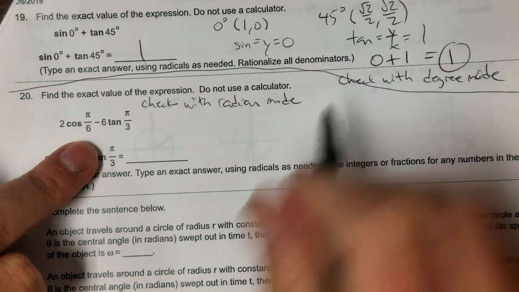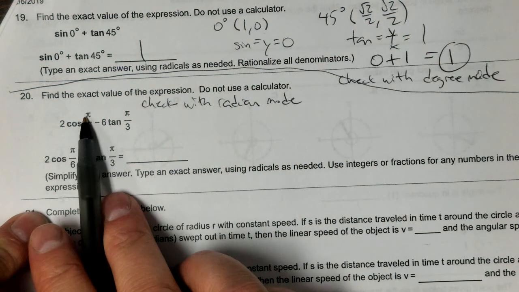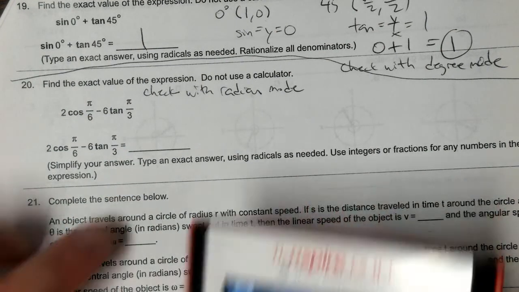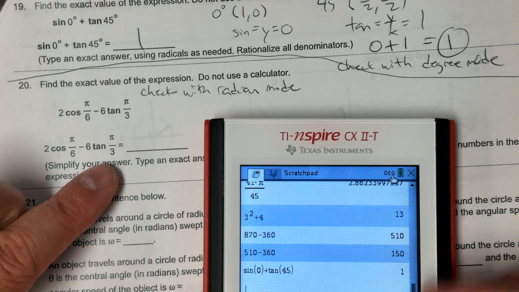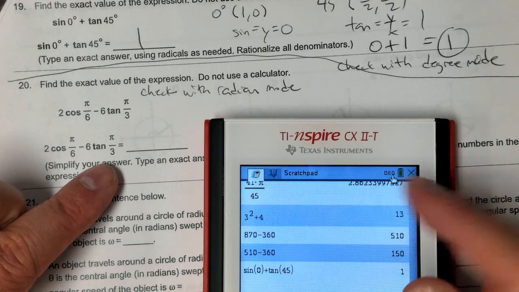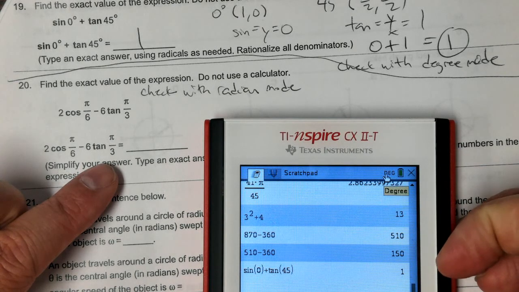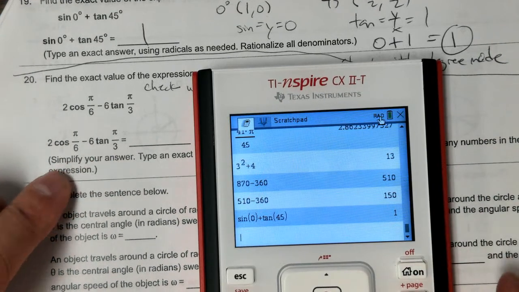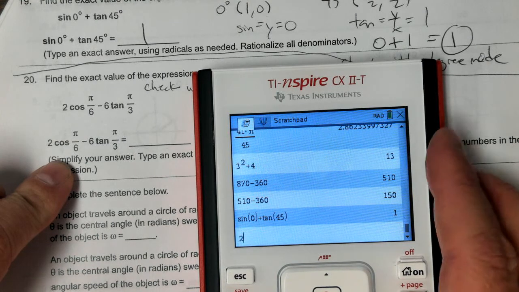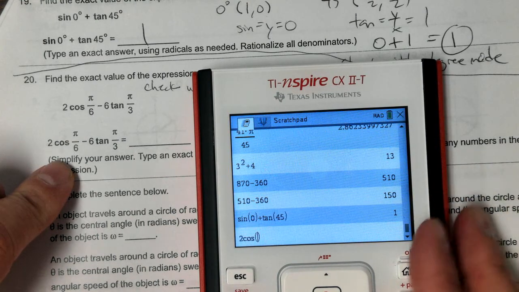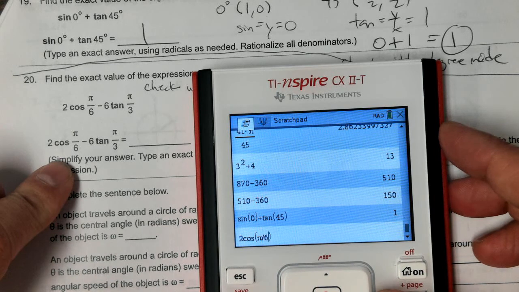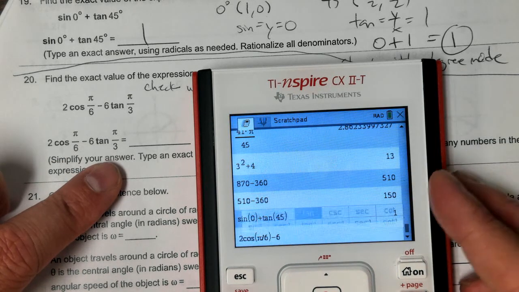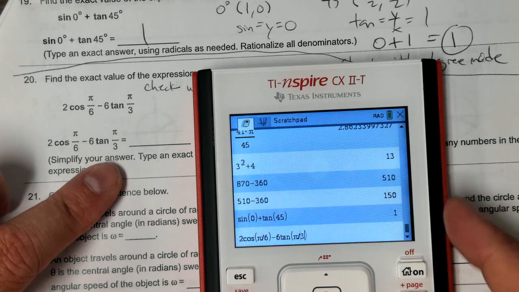The reason why I have to use radian mode is because it says pi over 6. So single click there. Now change to radian. And then we want 2 cosine pi over 6 minus 6 tan pi over 3.